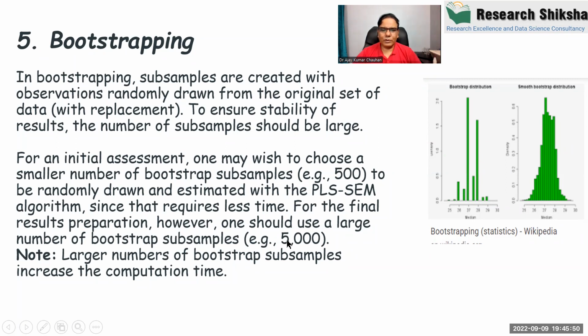When you apply the bootstrapping procedure, your non-normal data will be converted to normal data. So it is a normal distribution, it is a bootstrap distribution. So this is the advantage of doing the bootstrapping. It will replace your distribution with a normal one.